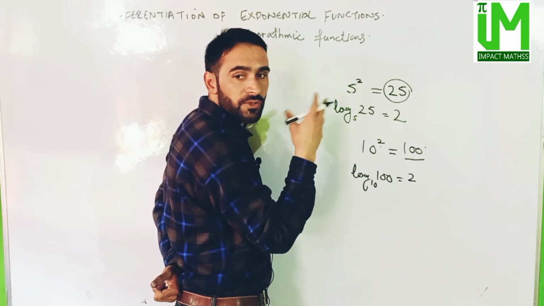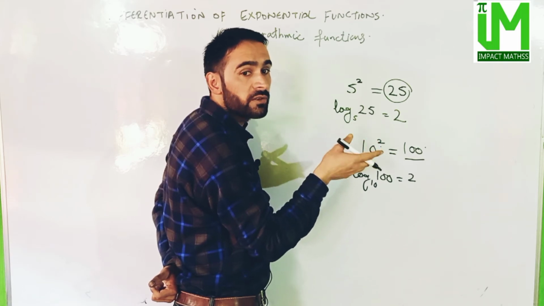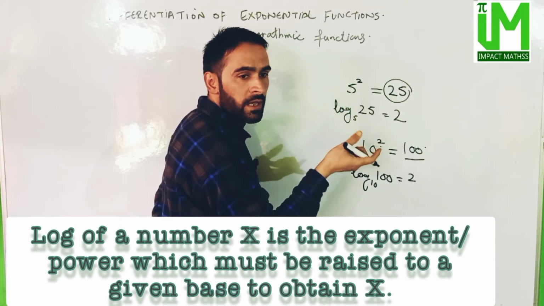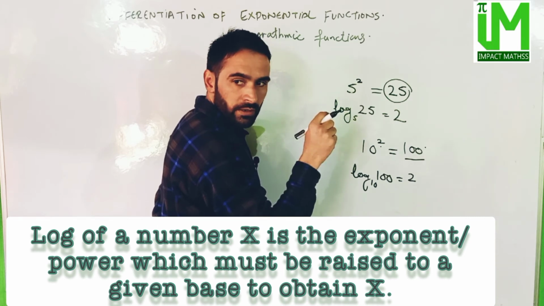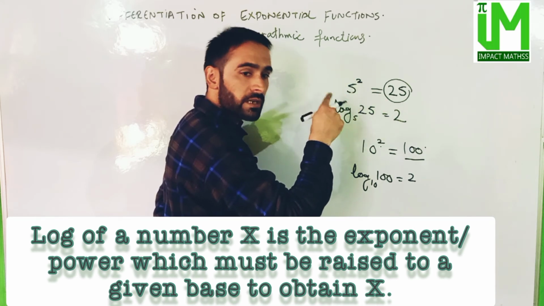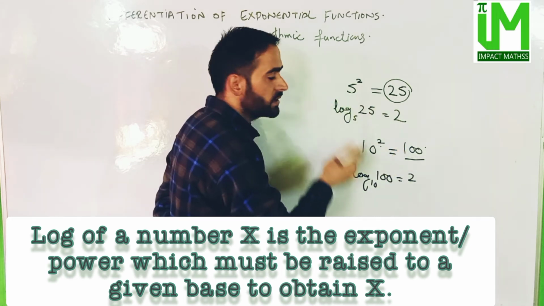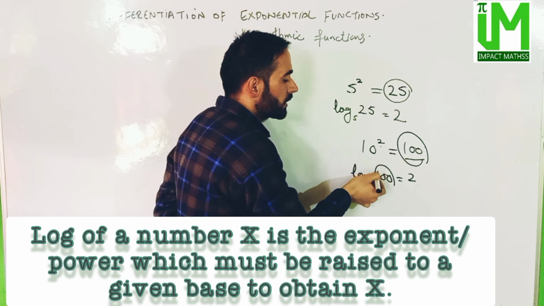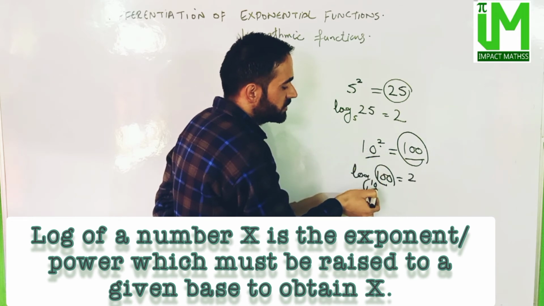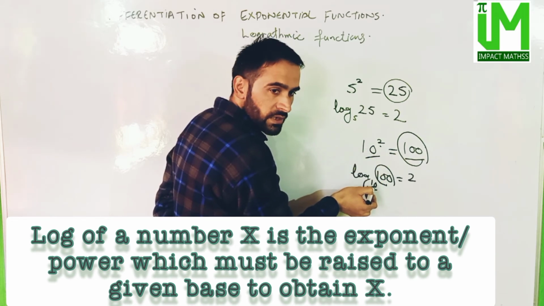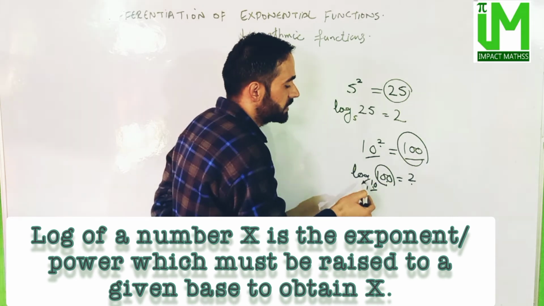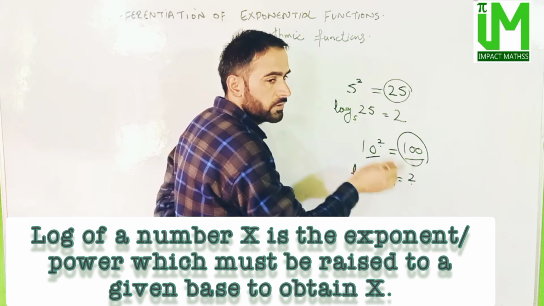Log of a number is the exponent to which the base is raised in order to obtain that number. Suppose we have 100. The log of 100 is the exponent, and that exponent is 2, on the base 10. In logarithmic notation we write this as log of 100 to the base 10 is equal to 2.